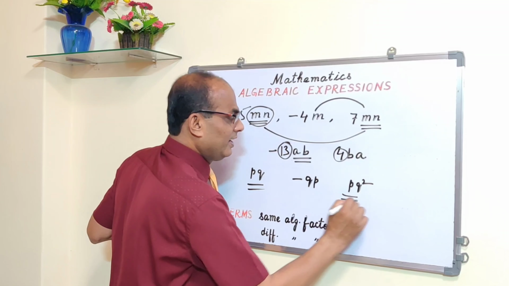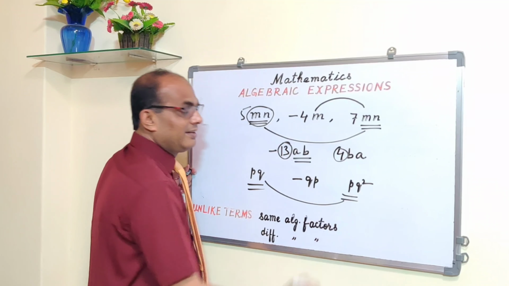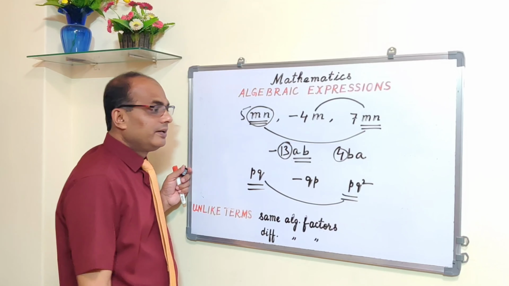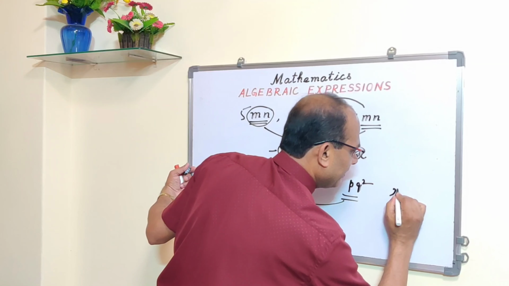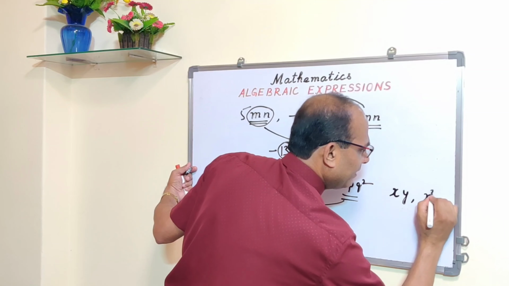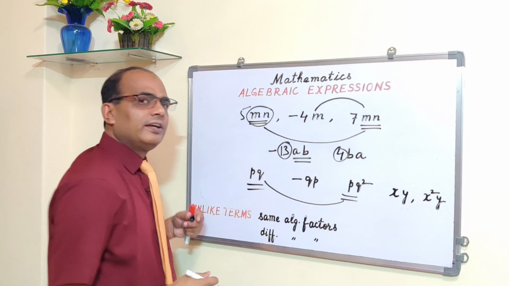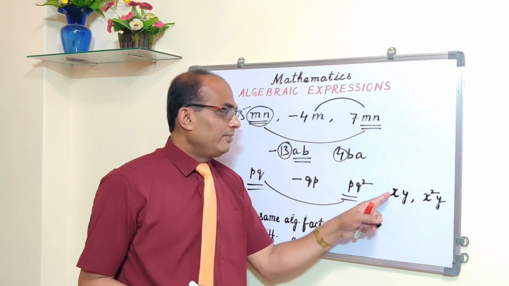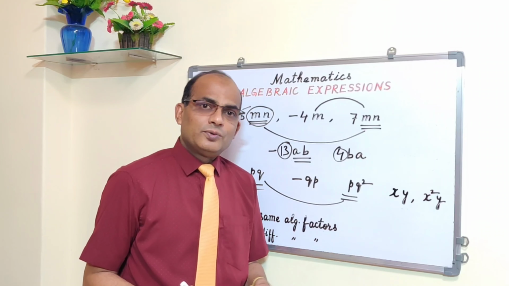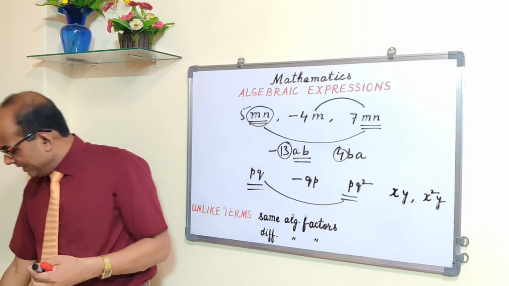PQ and PQ square are different, so they are unlike terms. Got it? XY and x square y, they are different. You have to see the power also. Here x is raised to the power 1 and here x is raised to the power 2. So the algebraic factors are not the same. Getting it?